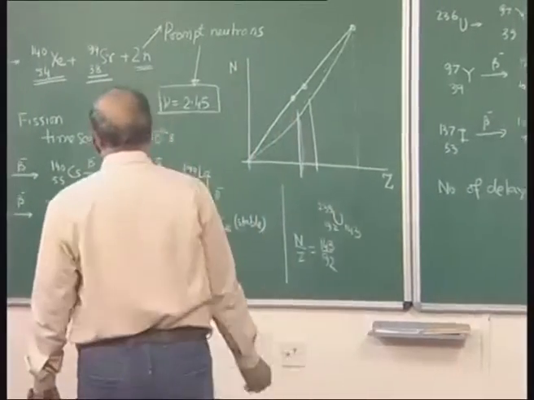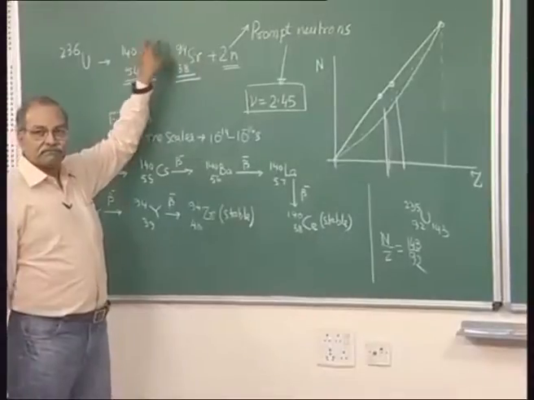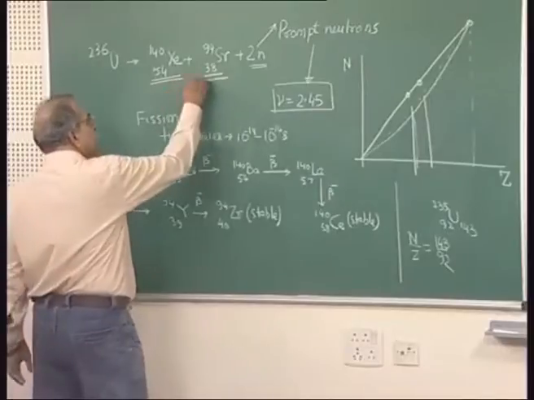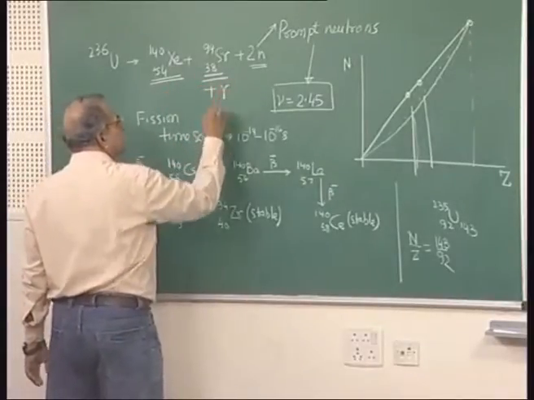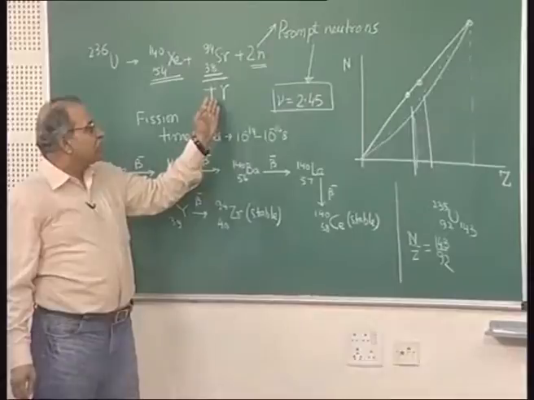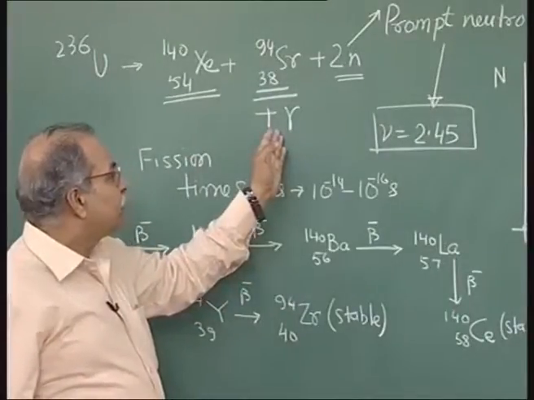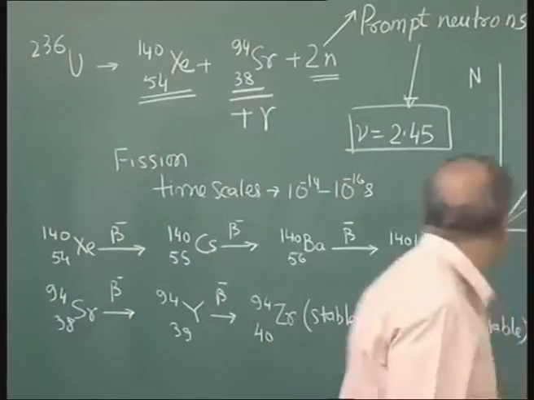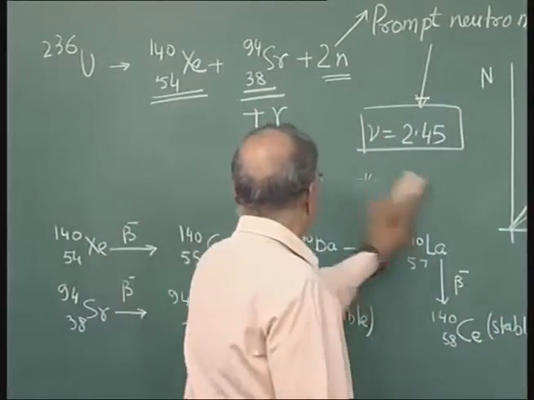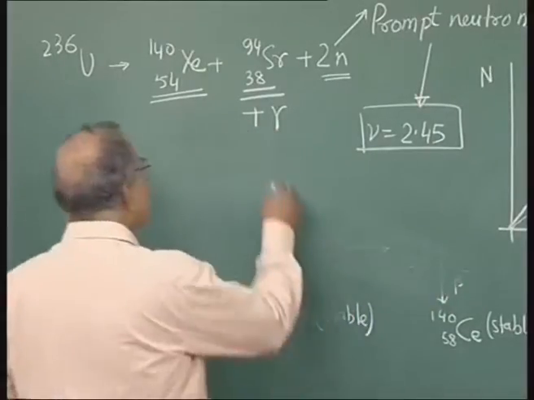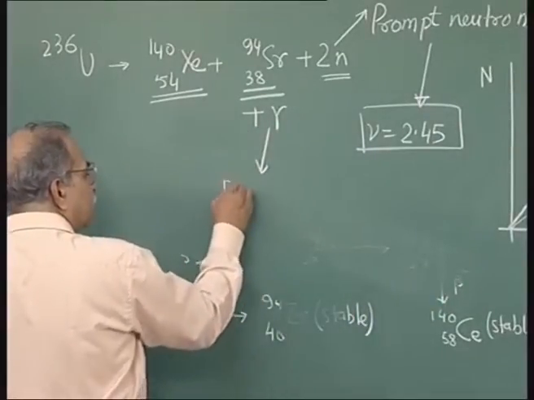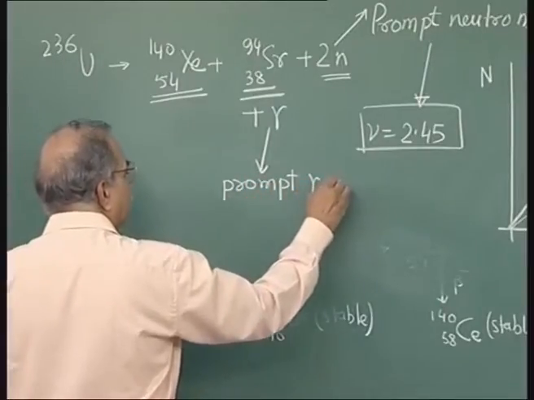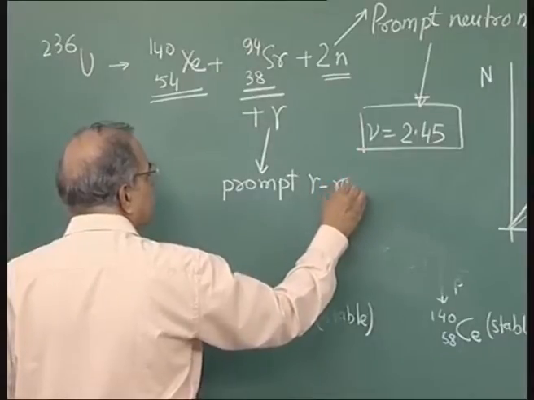The fragments created after this fission are at much higher energy, and therefore they also emit gammas, and in the same spirit these are called prompt gamma rays, or gamma photons.